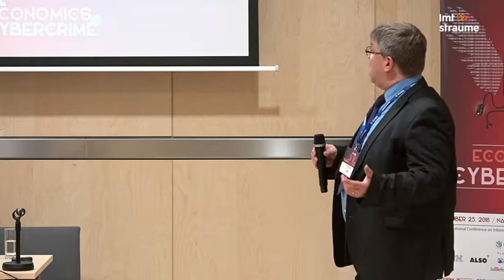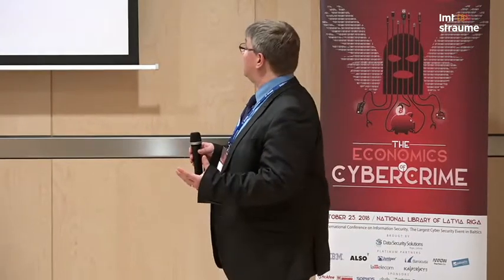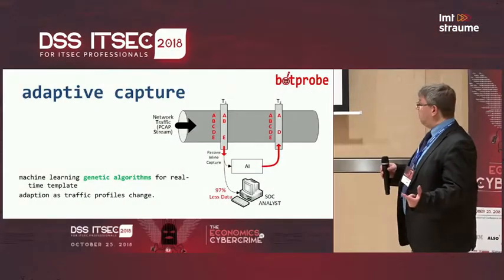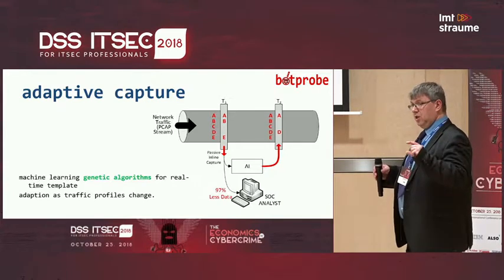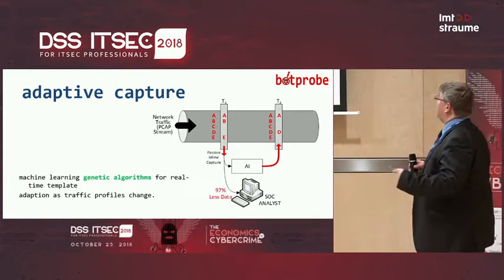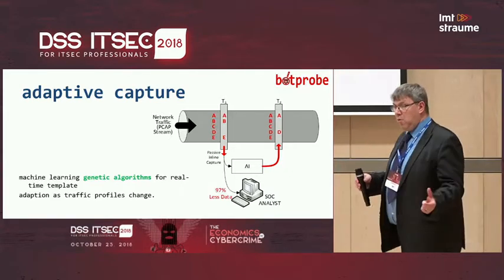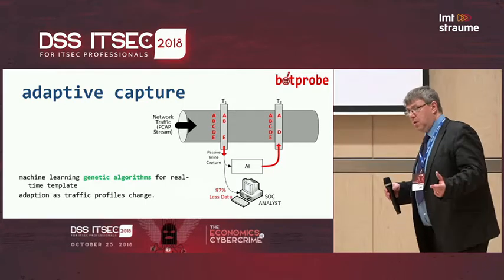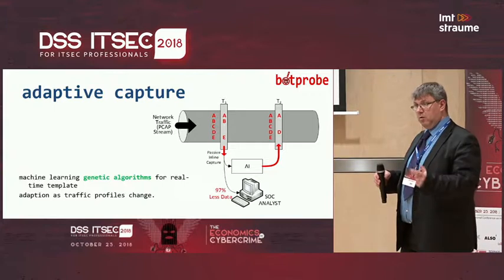However, in response to some external stimuli, a newly identified threat, some threat intelligence, a machine learning algorithm can say, okay, in response to this threat, I actually need to change what I'm capturing. So rather than A, B, and E, I now want to capture A and D. I'm still maintaining my data reduction, but I can change what I'm looking for.